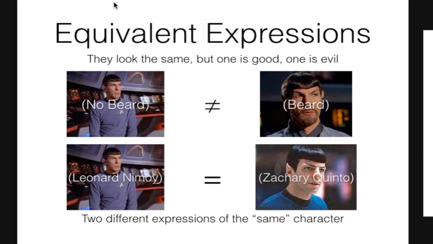They're the same entity. And what I want to get across here is that you can have two different things that look the same but are actually producing different results, or you can have two different things that look different but are actually producing the same results.